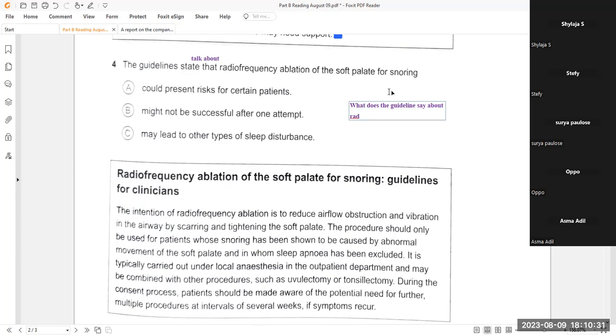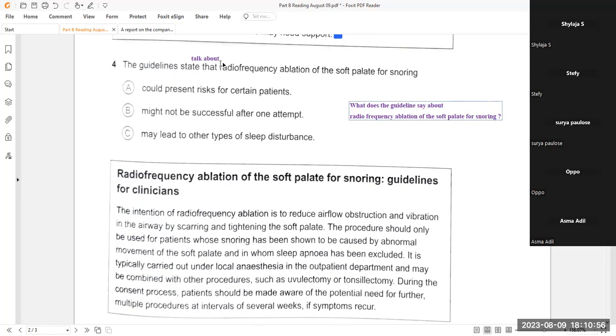So we need to figure out what the guideline says about radiofrequency ablation of the soft palate. Soft palate is in your mouth, okay? Soft palate, this one, for snoring. So what exactly does it say about radiofrequency ablation? It's a procedure, radiofrequency ablation of the soft palate for snoring.